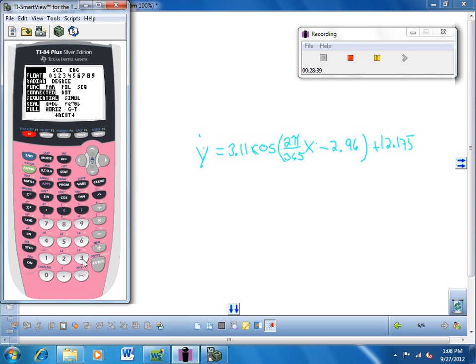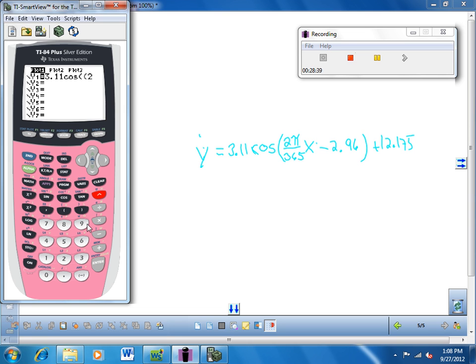I'm going to plug in 3.11 cosine, and then you got to be a little careful, right? 2 pi, I'm going to put in parentheses, 2 pi over 365.